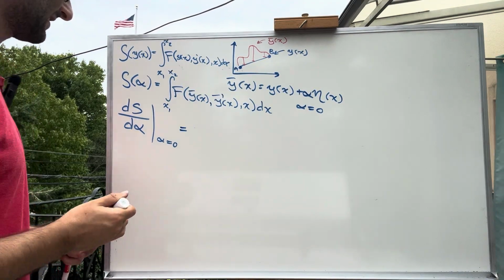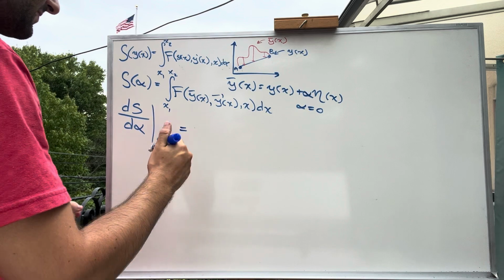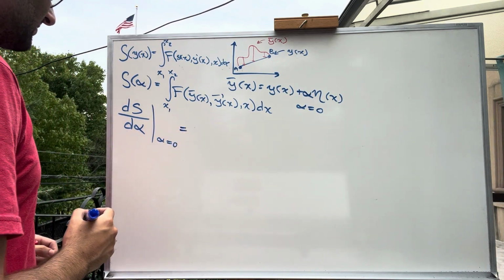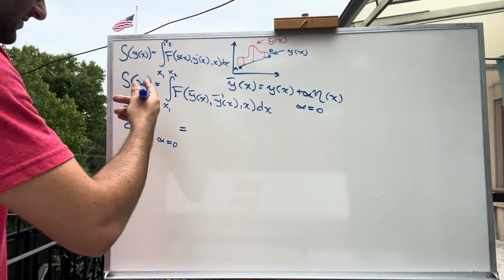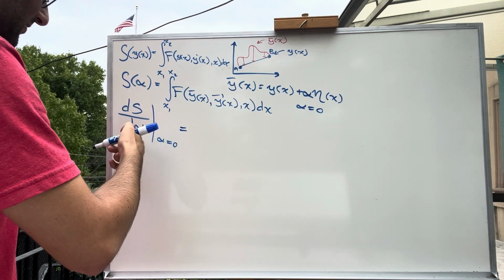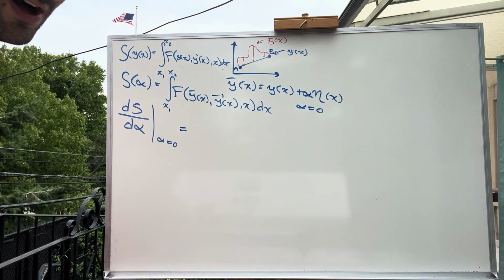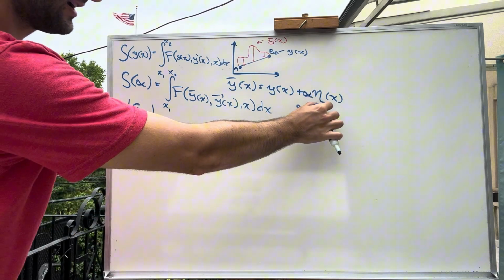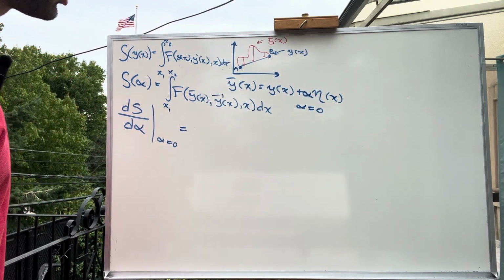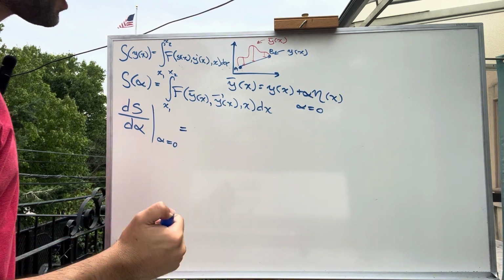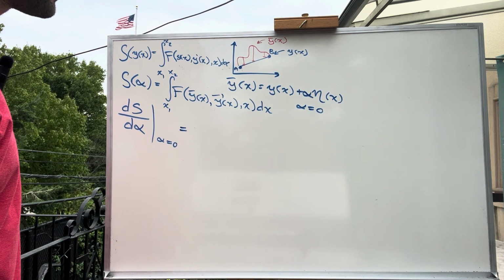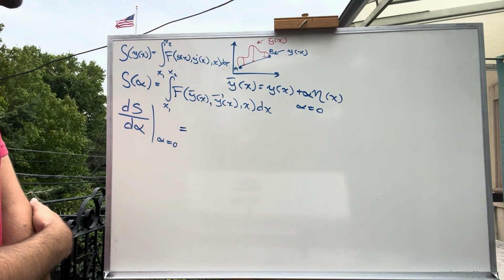Okay, so we need to take the derivative of this functional with respect to alpha and set it equal to 0. And when we evaluate it for when alpha equals 0, it will give us the solution, the most optimum function for this given optimization problem.